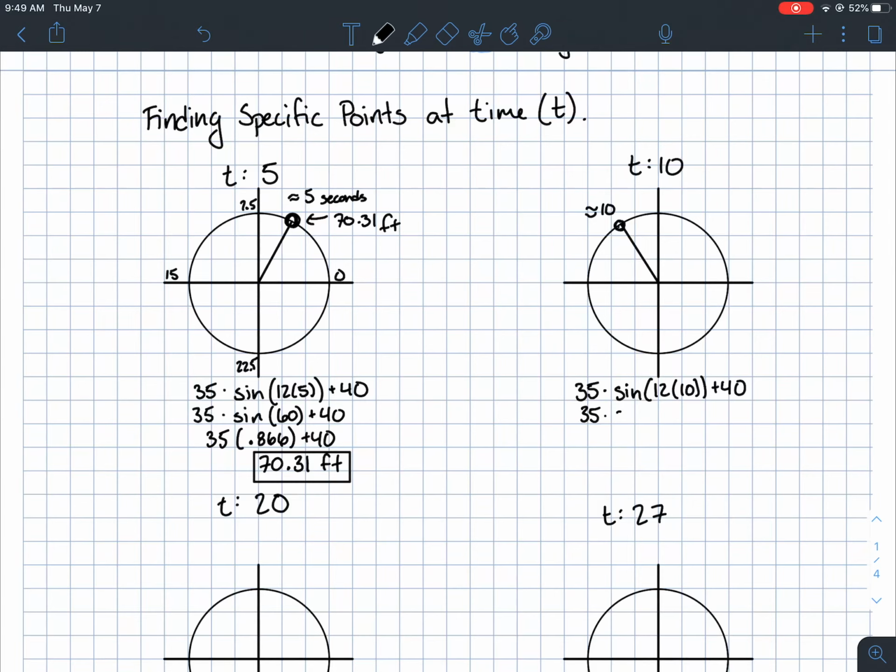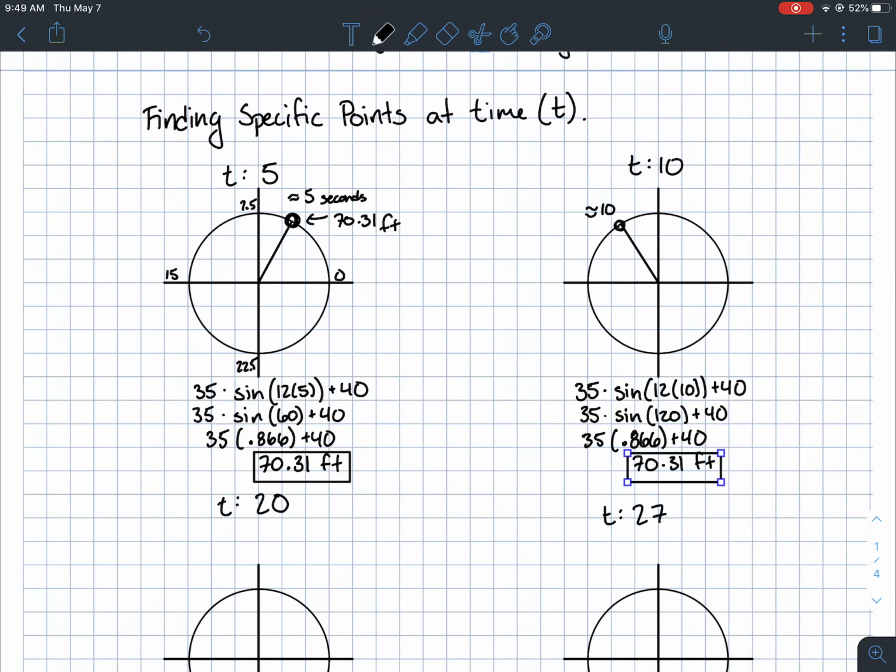So I get 35 sine of 120 plus 40. If we look at this one, we're going to get 35 times 0.866 plus 40. And that gives me the same 70.31 feet.